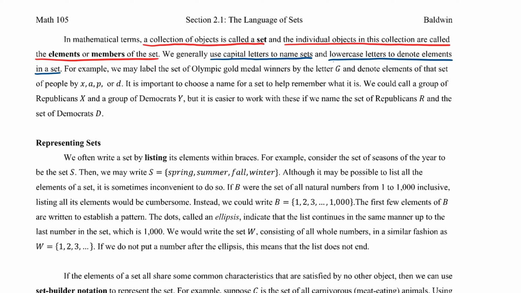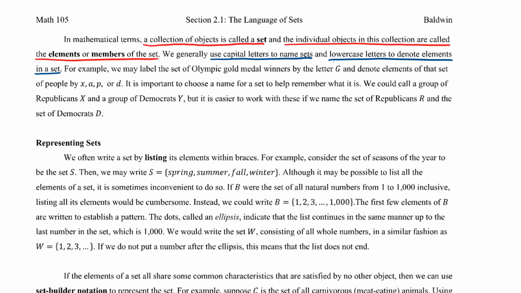So if our set is the Olympic gold medal winners, and we label that with a capital G, then all of the elements, all of the members in that set, we identify with lowercase letters to represent the people in that set.